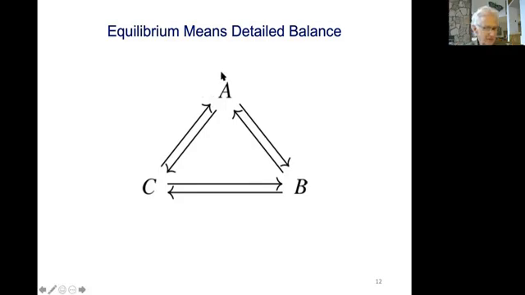For example, if we have a system that has three parts, here I'm labeling them A, B, and C, there can be energy flow from A to B, but there is a detailed balance in which the energy flow from A to B is exactly balanced by the energy flow from B to A. And the same thing between all the other parts of this system in equilibrium.